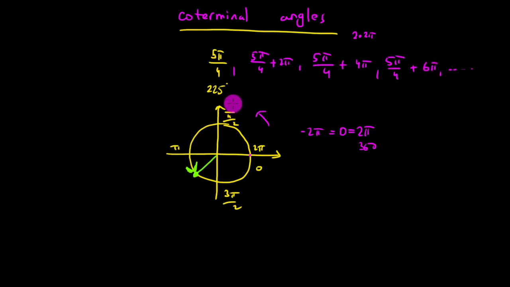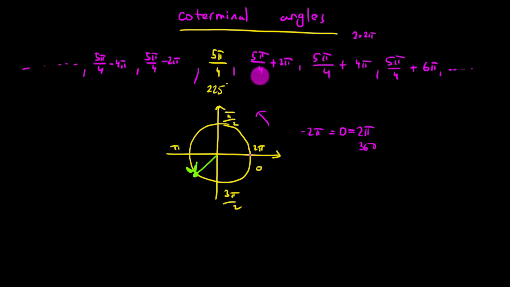And the same here, if you move to the negative direction, it will be 5 pi over 4 minus 2 pi, 5 pi over 4 minus 4 pi, and it will also go on.